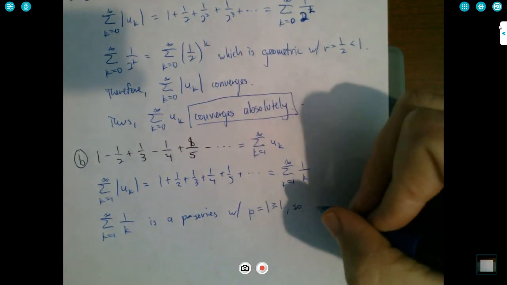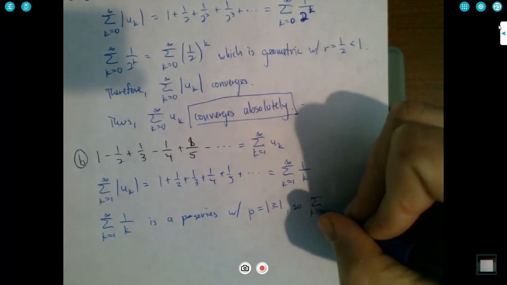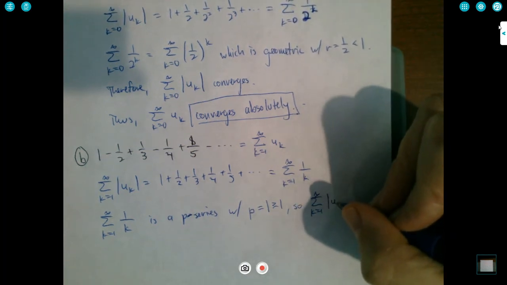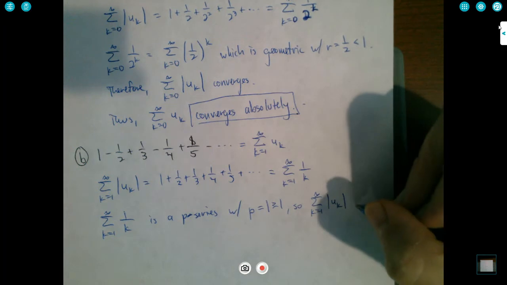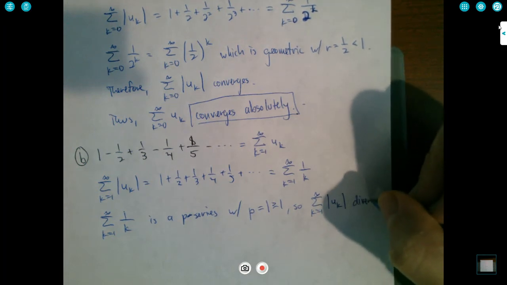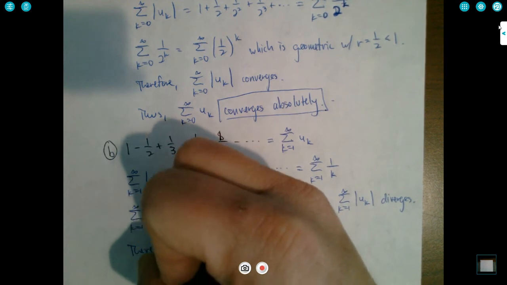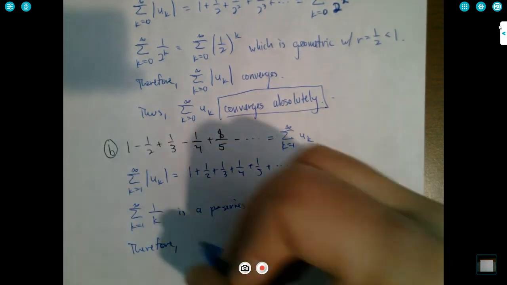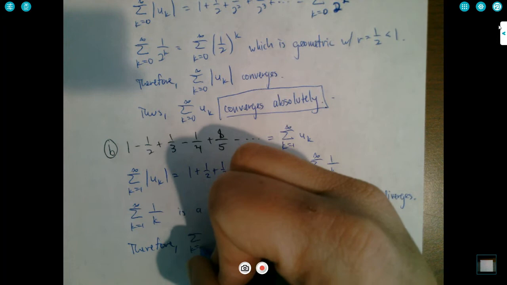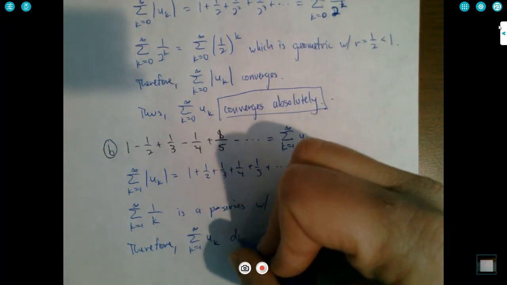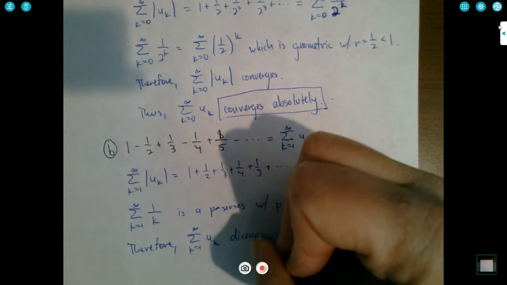So the sum from k equals 1 to infinity of the absolute value diverges, and therefore the sum from k equals 1 to infinity of u_k without the absolute values diverges absolutely.